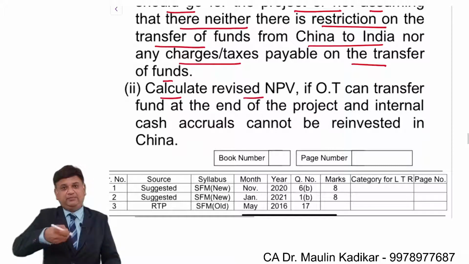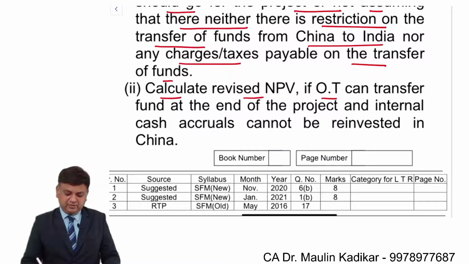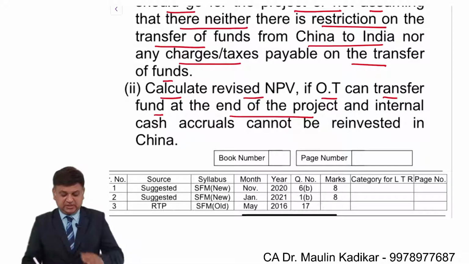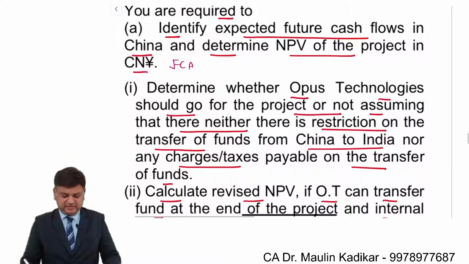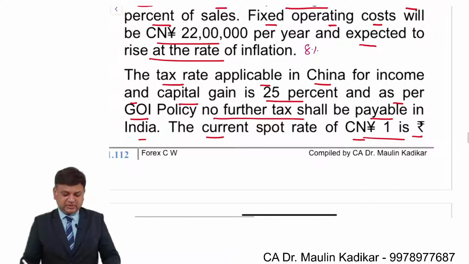Calculate revised NPV, if OT, that is Opus Technologies, can transfer the funds at the end of the project, that is directly at the end of the second year, and internal cash flows cannot be reinvested in China. That is what they have provided.